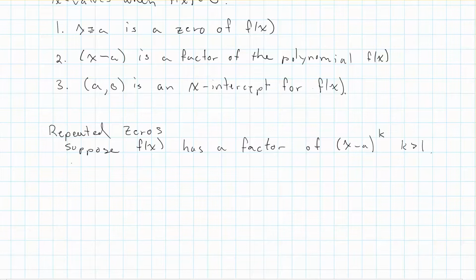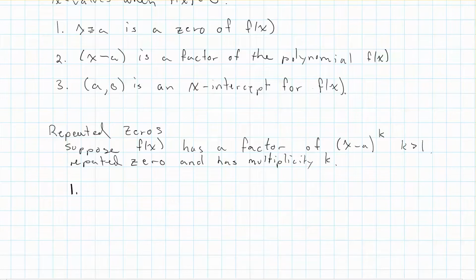This is what's called a repeated zero and has multiplicity k. Now what's the big deal here?